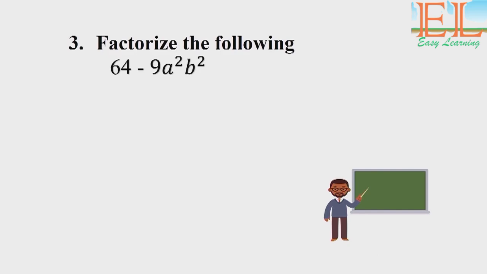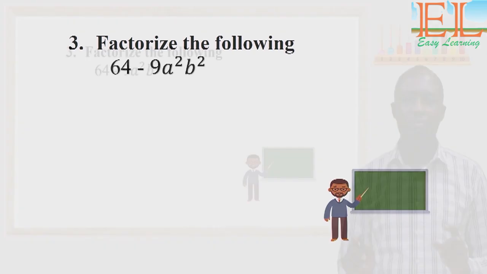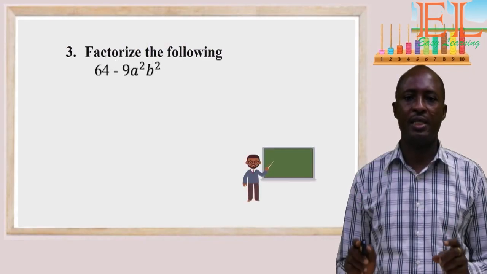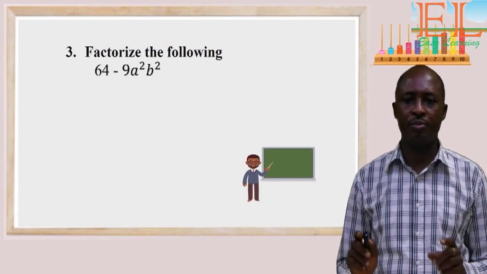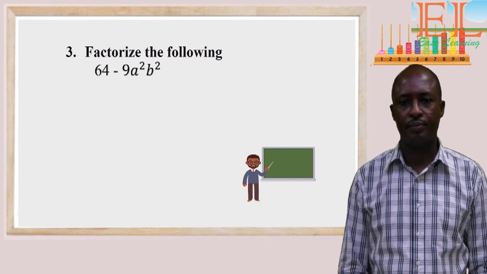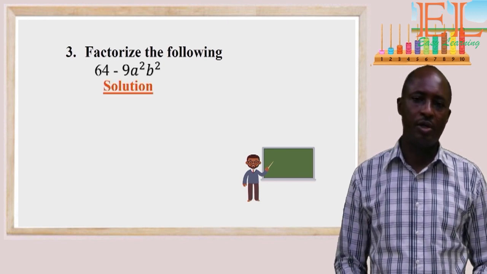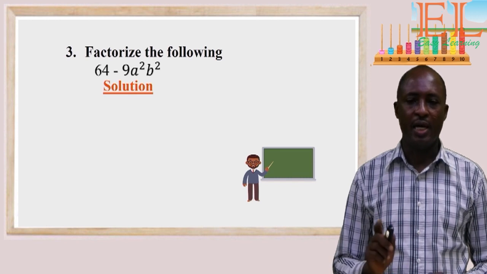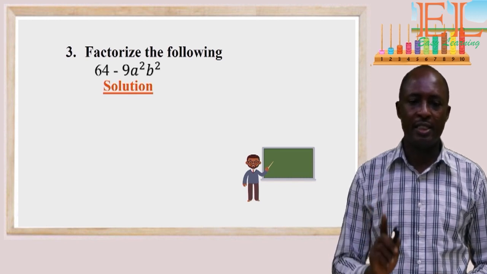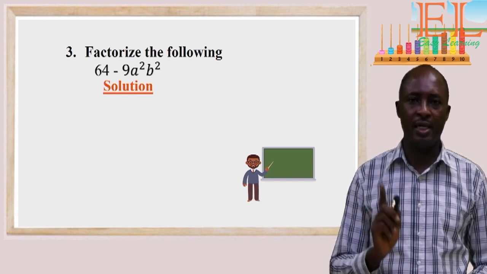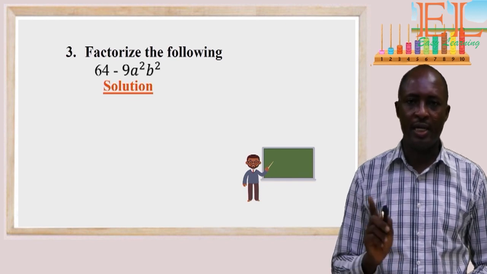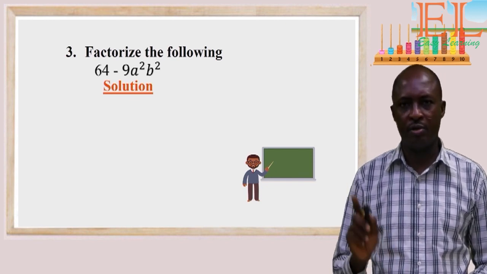Let's take yet another one. Say factorize 64 minus 9a squared b squared. So here again, I can see that I can express 64 as a square of a number and 9 equally as a square of another number.